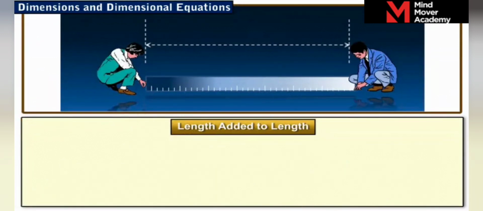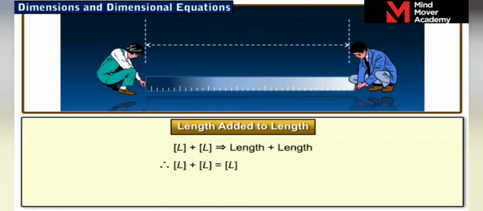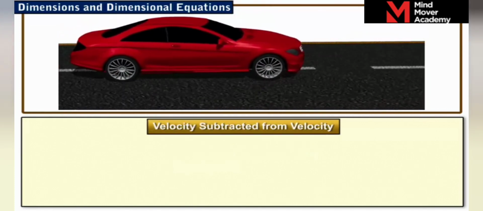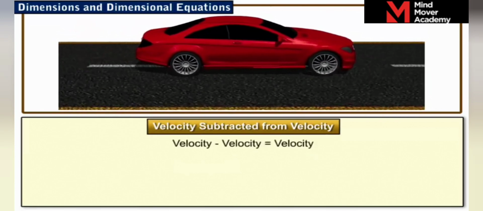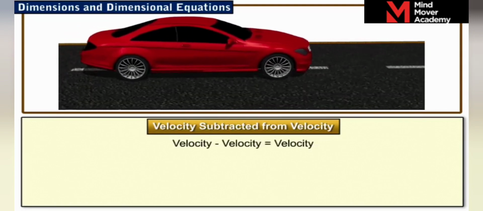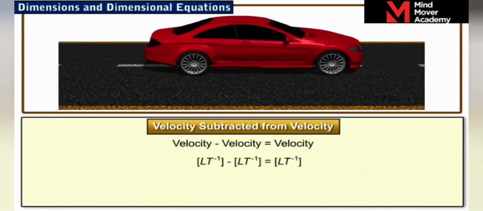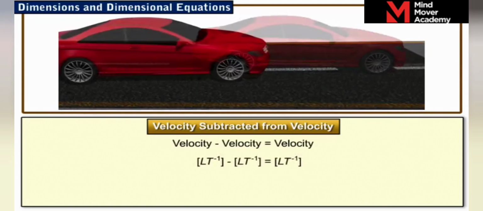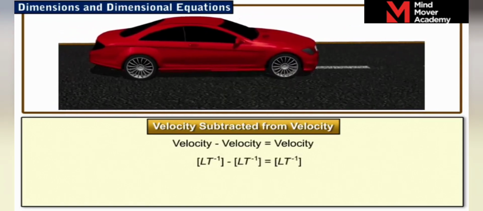It is very important to know that when we write L + L, as shown, we mean length added to length. So we get length again, which is not 2 times L, as we are not adding the magnitudes of length. Similarly, if velocity is subtracted from velocity, we get velocity. Thus, LT^-1 - LT^-1 = LT^-1.